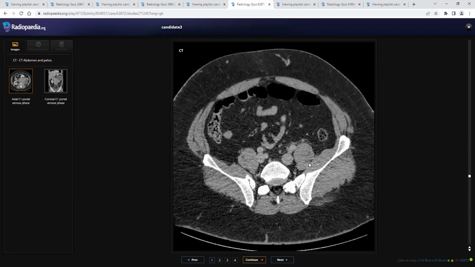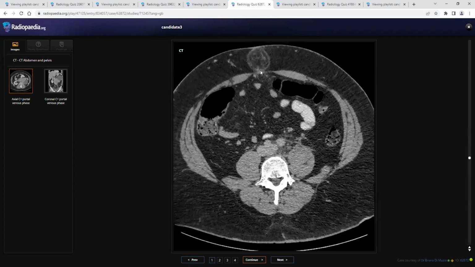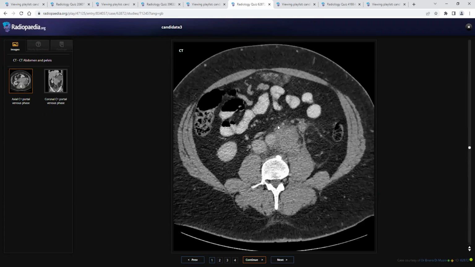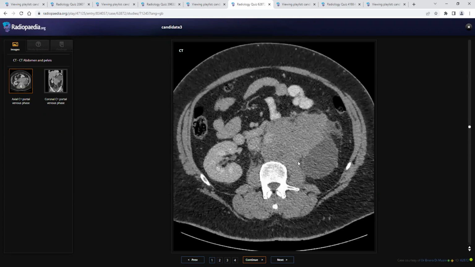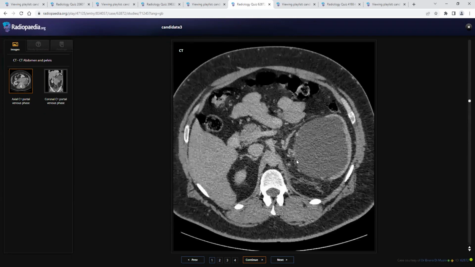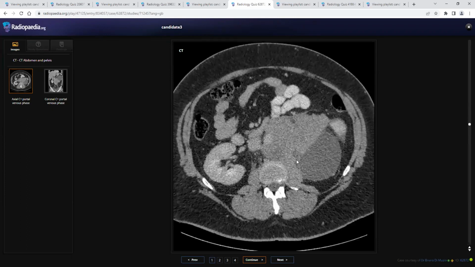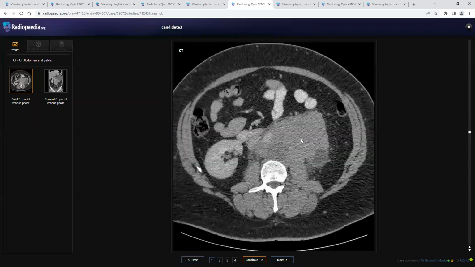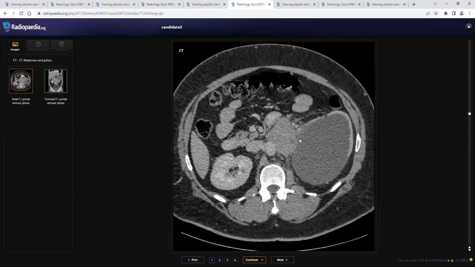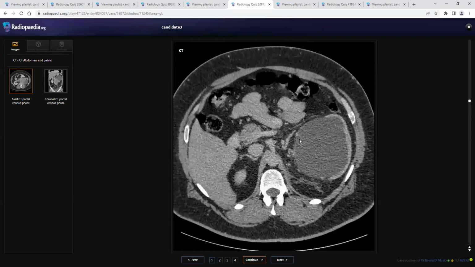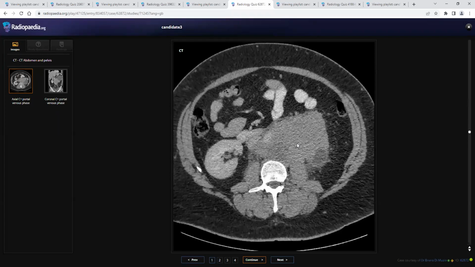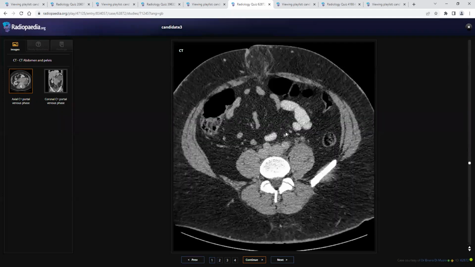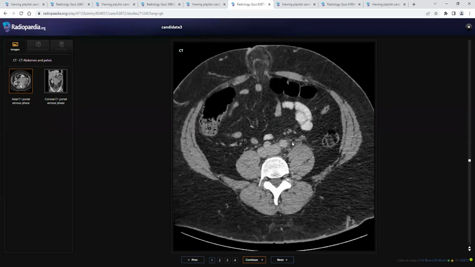There is also an umbilical hernia with omental herniation through it. I can see the mass extending between the vertebrae and aorta, and it is showing mild contrast enhancement.